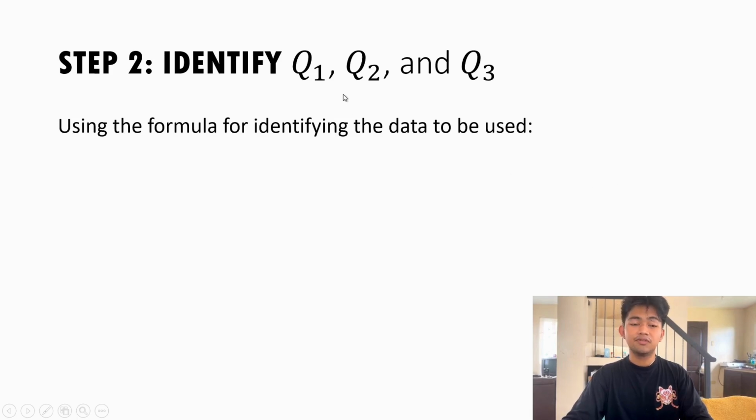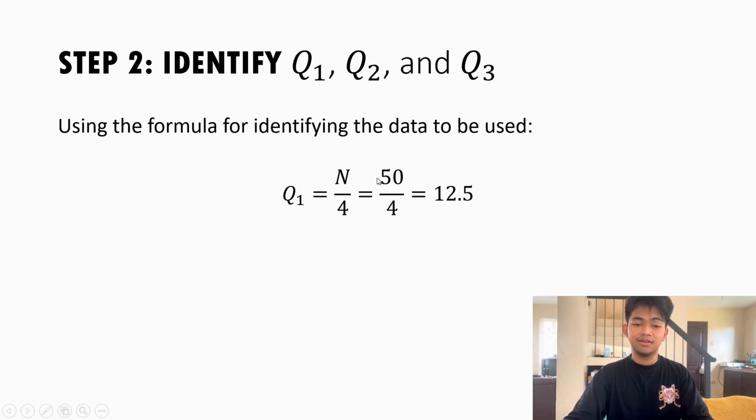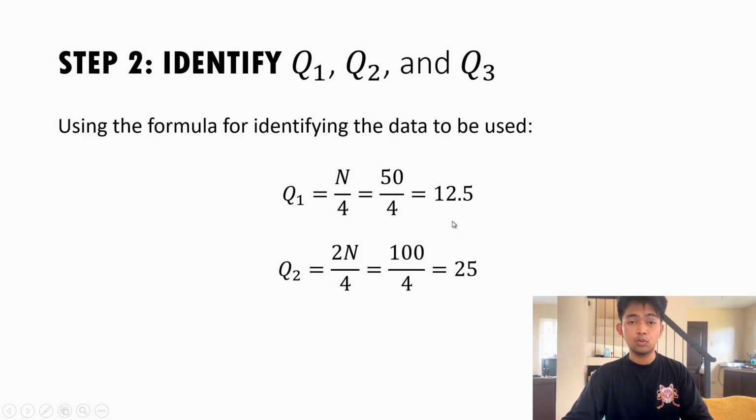We need to identify where Q1, Q2, and Q3 are located. Using the formulas for locating them, Q1 is equal to n over 4, where n is the total frequency, and the total frequency is 50. Then 50 over 4 is equal to 12.5. Okay, remember that, 12.5. Next is Q2. Q2 is just 2n over 4, where n is the total frequency.